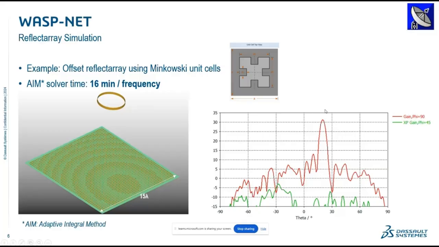As an example, I have a reflect array of this kind of Minkowski unit cell, which typically takes hours of simulation time in the MLFMM solver or FEM solver. But with the advanced adaptive integral method in WaspNet, it took only 16 minutes per frequency, as indicated here. You could see the simulation results like gain and cross polarization also plotted.